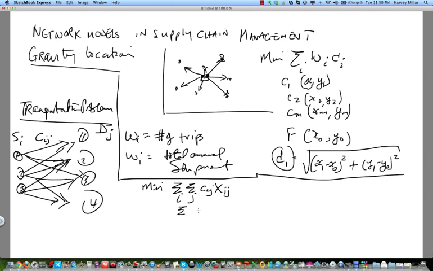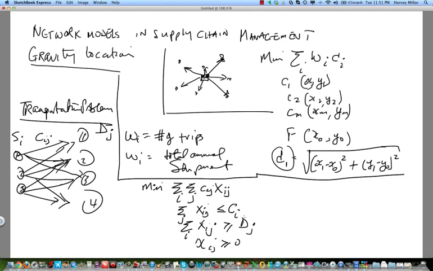Then we must make sure that all of the amount of material that is shipped out of a facility i must be less than or equal to its capacity, and then the amount that is shipped from all facilities to a customer j must be greater than or equal to its demand, and we simply need Xij to be greater than or equal to 0.